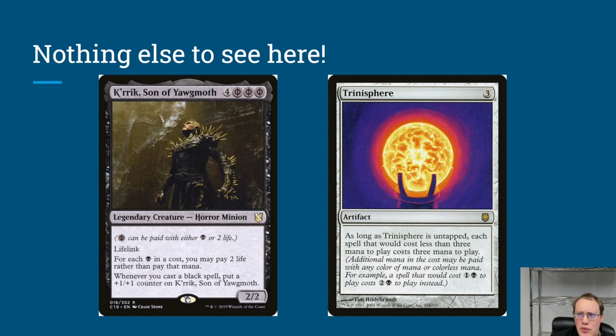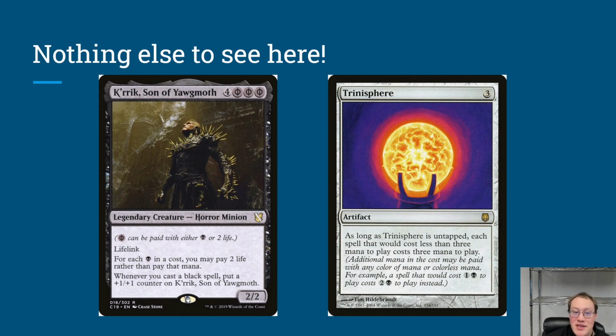We're going to go through, and there's no interesting stuff that goes on in the process until the spot where we have to determine what the cost to cast the spell is. There are no increasers and no reducers, there's just Trinisphere. And so Trinisphere is going to say, okay, our cost is going to be 1 and a black and a black, because that means it'll be 3.